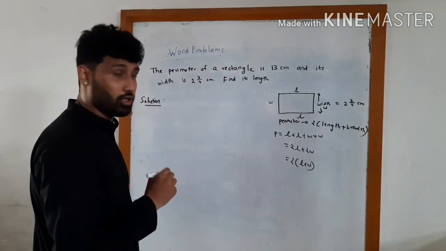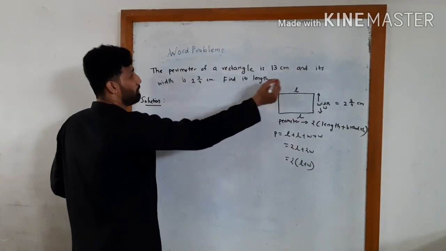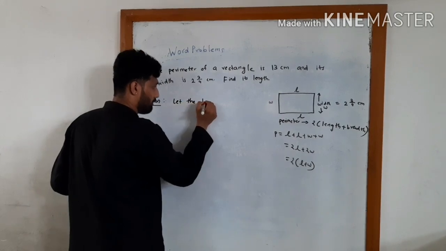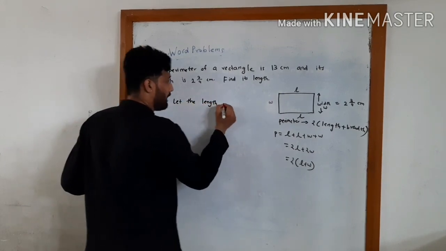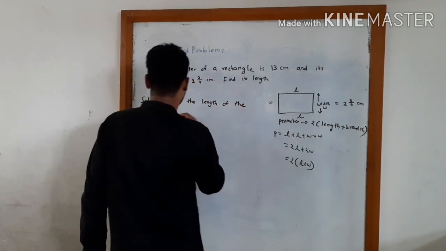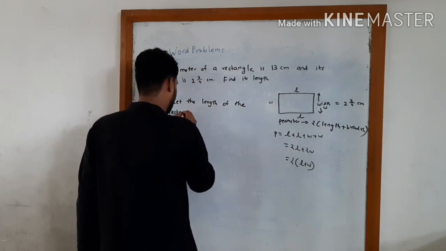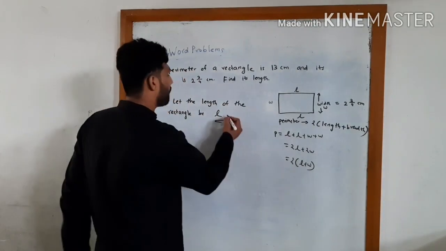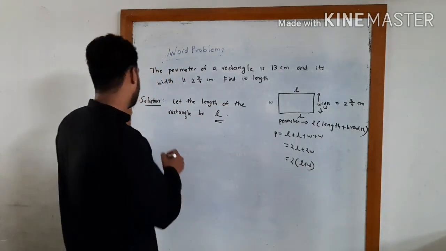So solution is, so perimeter is 13, right? So let the length of the rectangle be L. We have to find out L, right?